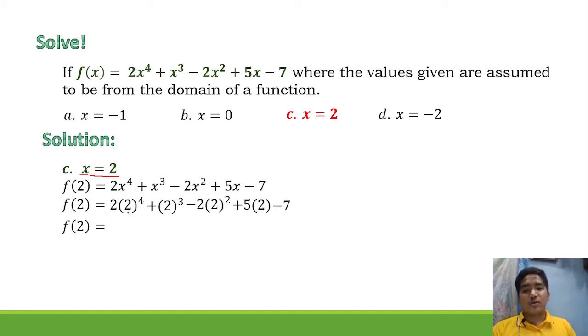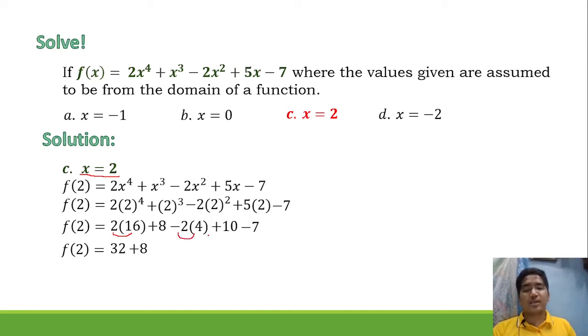So, 2 times 2 to the fourth power will be equal to 16. So, we have 2 times 16 plus 2 cubed, that is equal to positive 8. Then, minus 2 times 4 plus 10 minus 7. Next, 2 times 16, that is equal to 32 plus 8.